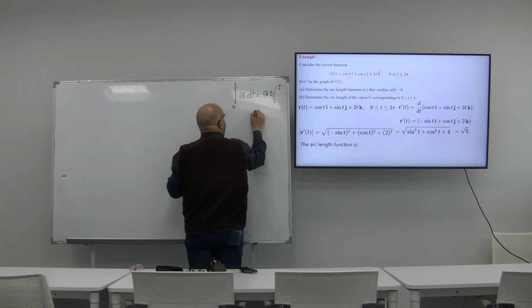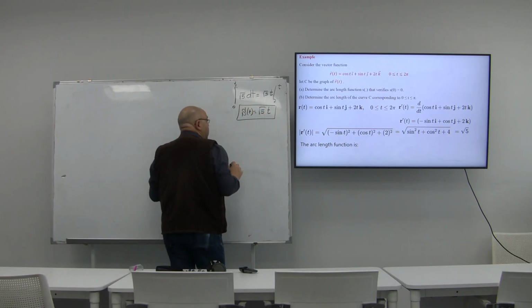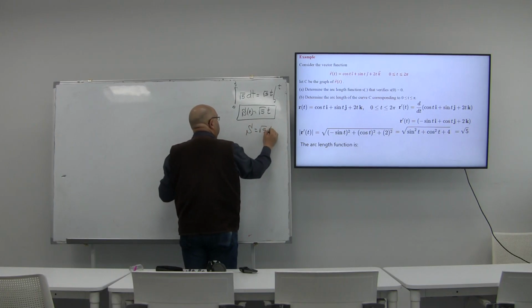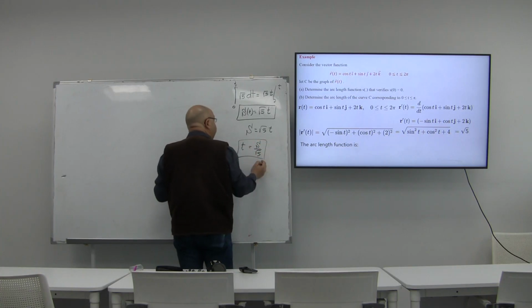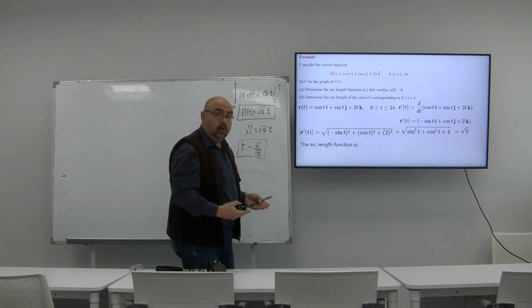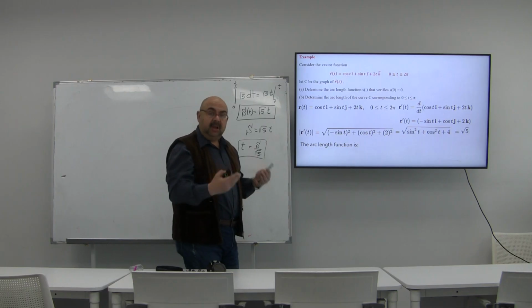So from 0 to t, you will have root 5 t, and that's the arc length. If you take s for arc length as a function in t, we now find the relation connecting s as a function in t, and we can get the inverse, that t equals s over root 5. So I can get r as a function represented in the arc length.